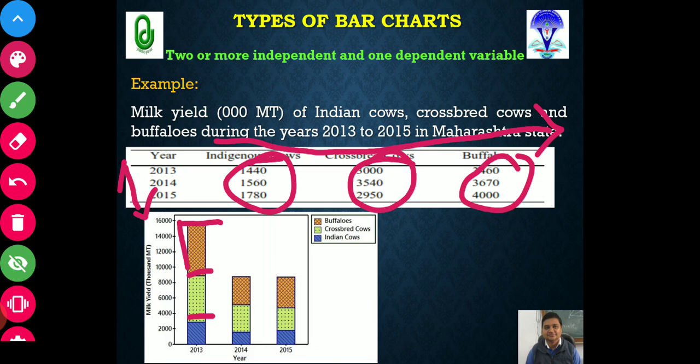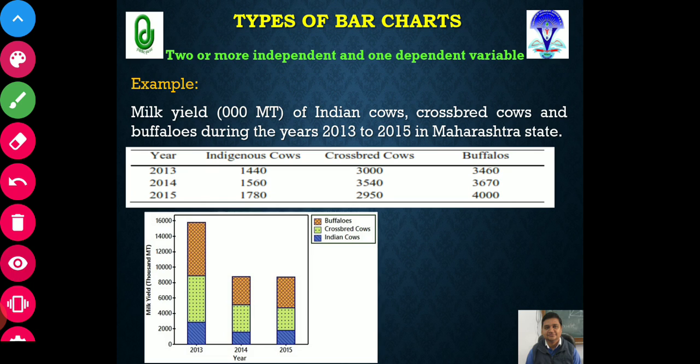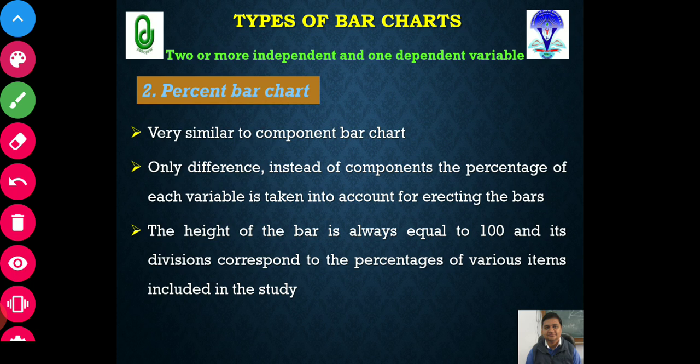So the area of this component will represent the frequency of that particular category. So this is how the component bar charts, or subdivided bar charts, are prepared. So hopefully it is clear to all of you.